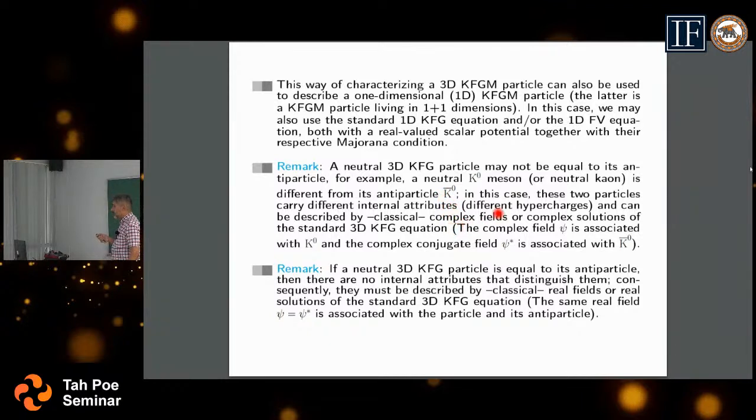The reason is that the strangeness, and so the hypercharge, is different in the two particles, and they can be described by classical complex fields. C describes this particle, C asterisk describes the other particle, the antiparticle. So C and C asterisk describe different particles. That's the point. This is trivial, but that's the point. All of quantum field theory and quantum mechanics is based on this idea.